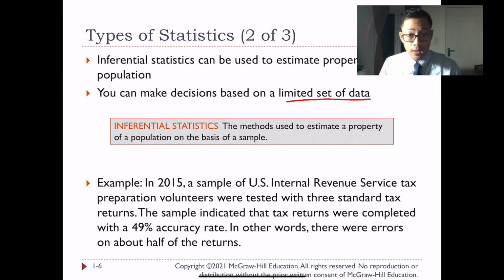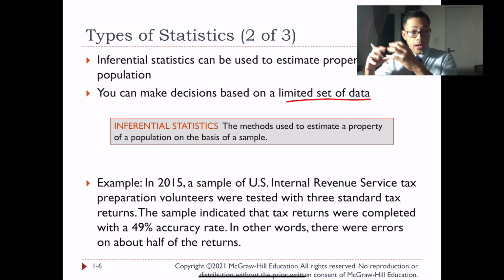Very difficult to quantify. So for some of this population, where gathering their characteristics and their data is going to be quite difficult, what we're going to do is make decisions based on a limited set of data.